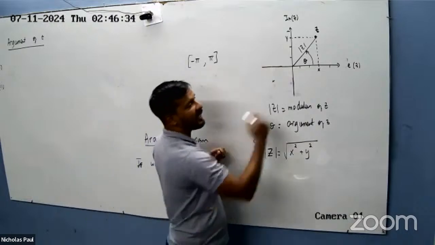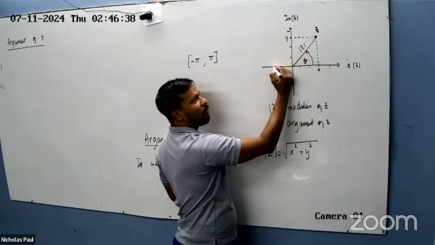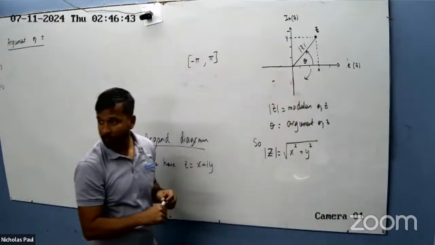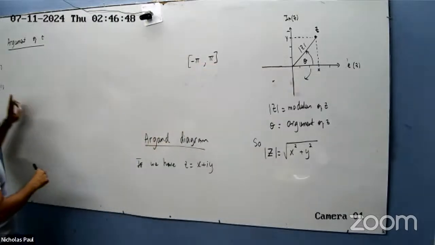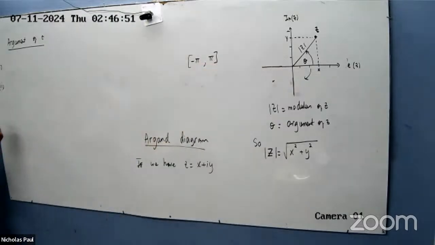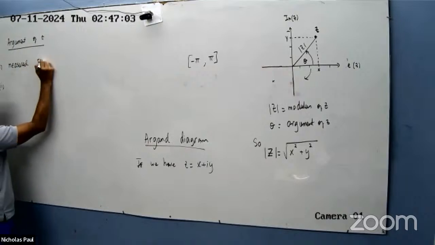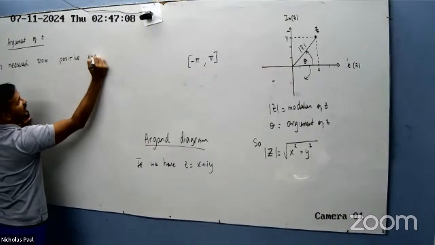In a case like that, instead of going anti-clockwise, you measure it clockwise, because you want to always end up within this range. So, three things we need to know about argument. Number one, the argument is measured from the positive x-axis.